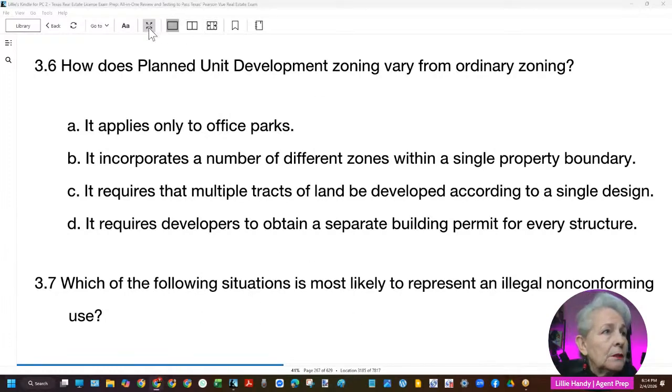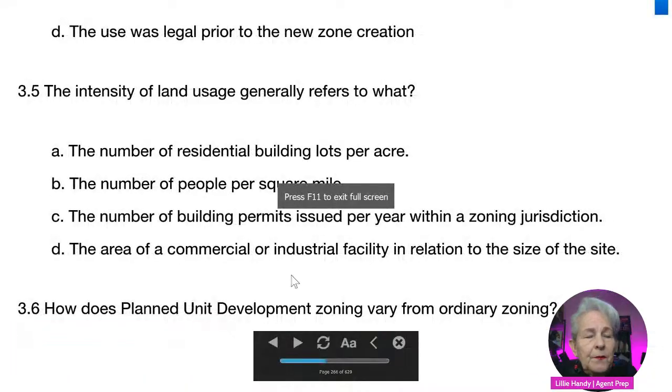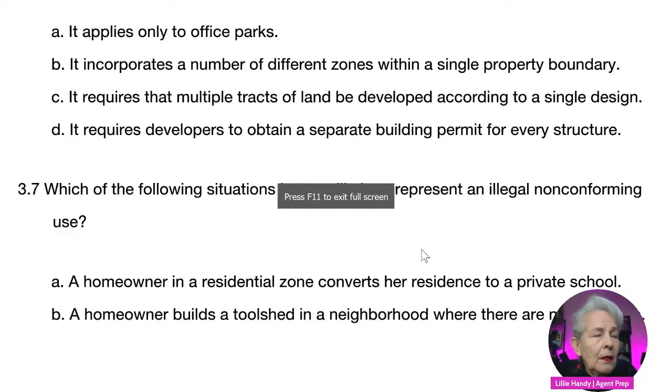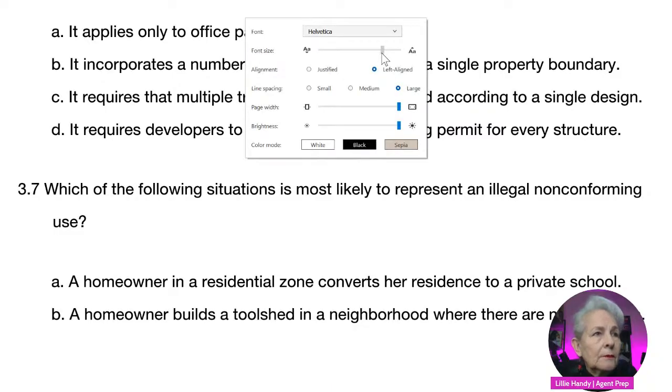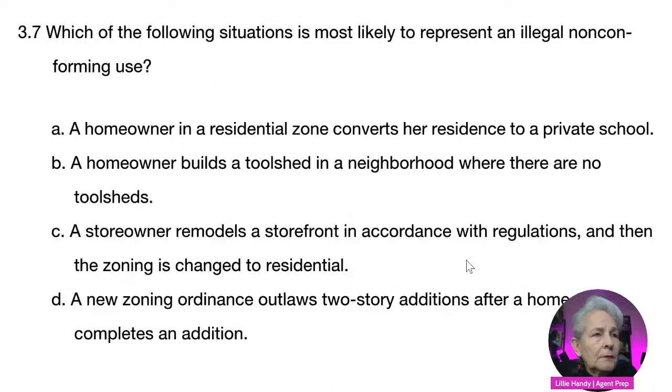Oh, let me enlarge this here. Number 7. Which of the following situations is most likely to represent an illegal non-conforming use? So what is a non-conforming use? That's a vocabulary term. A, a homeowner in a residential zone converts a residence to a private school.